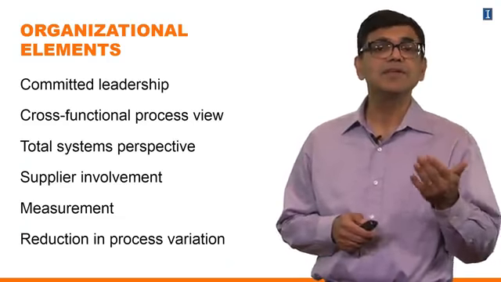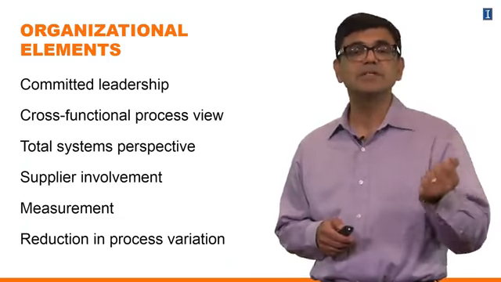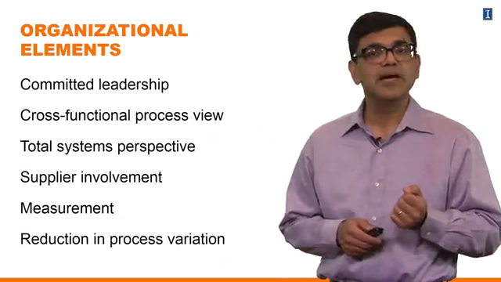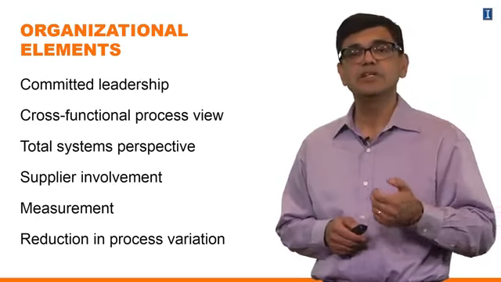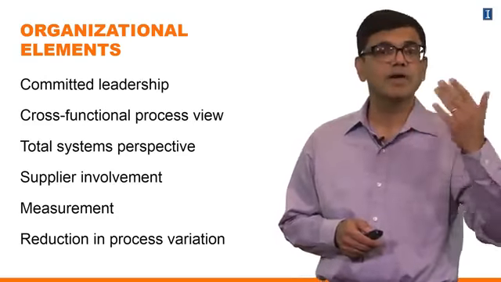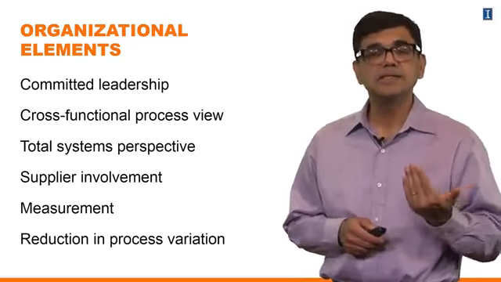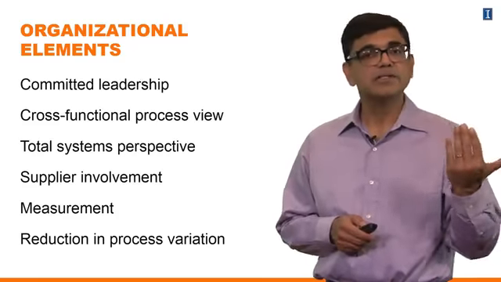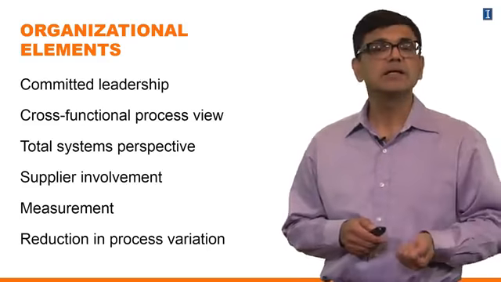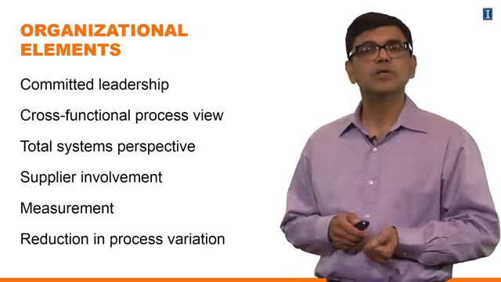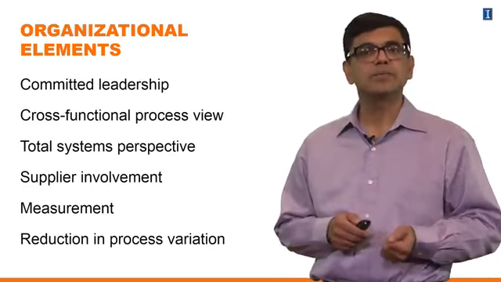It's not an idea that came up with Six Sigma. These things have been talked about in quality improvement initiatives since the time of total quality management, since the time of quality circles, since after the Second World War, when Japan started looking at quality management and quality improvement in a serious way.